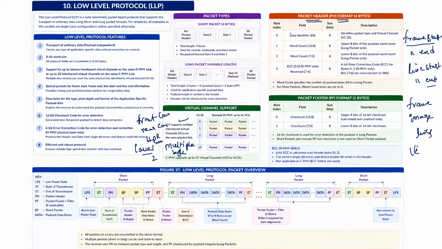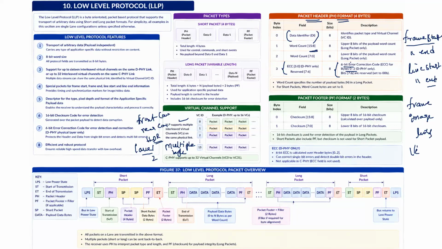In these specialized packet formats, we have data identifiers, word counts, and then ECCs. So what is ECC? A 6-bit error correction code is there for bytes from 0 to 2. We are transferring data from the D5 layer. In that, any data that is missing or corrupted, we need to identify.